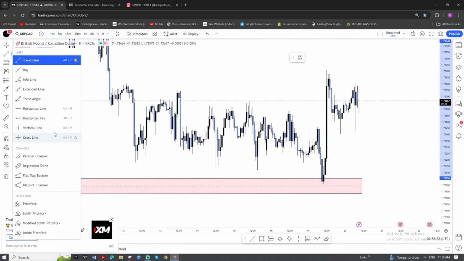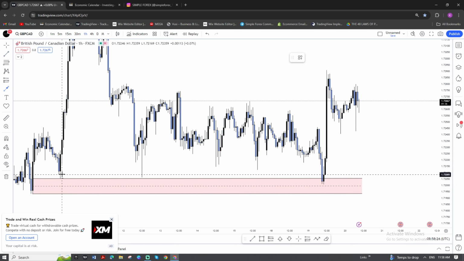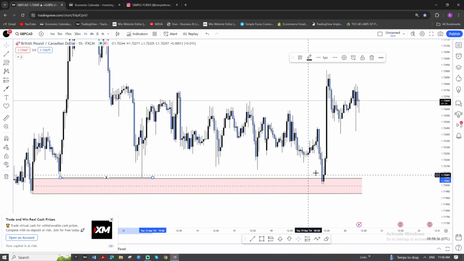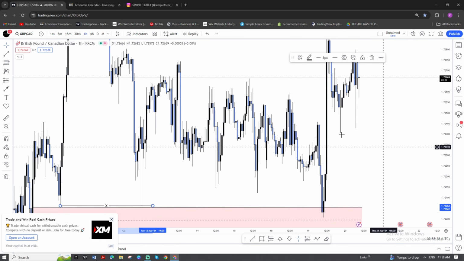We could also call this level right here a level of liquidity. So we can see that liquidity got swept over here, and then price mitigated this order block.